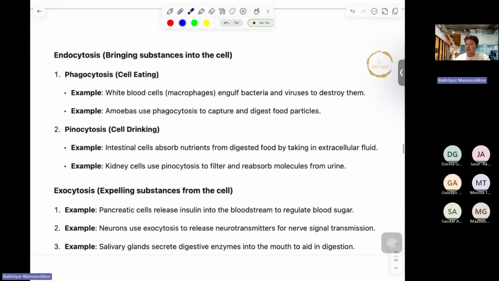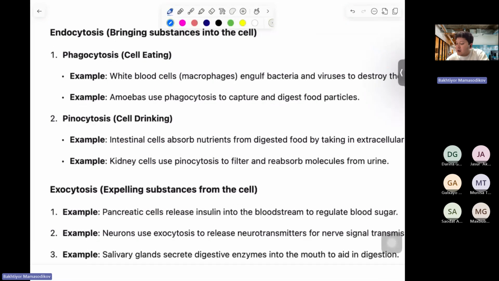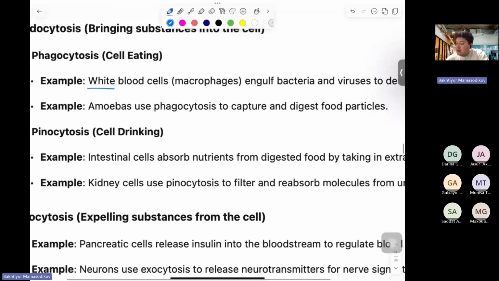Let's learn the examples for this. The example for endocytosis, the first is phagocytosis. We said that it's the cell eating. The second version of endocytosis is pinocytosis, which means cell drinking. In phagocytosis, white blood cells. What are the white blood cells in our bodies?